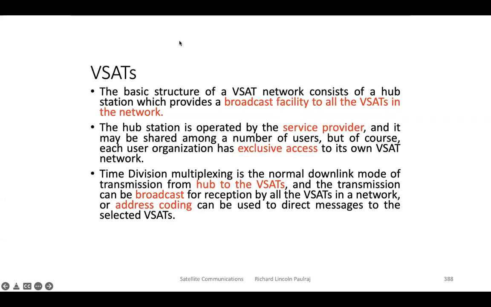As I mentioned, they will have their own VSAT network. The reason they do that is that they need a proper, stable network. If they don't have it, then there's no point in having error free communication, because in the banking sector especially, you should make sure that there are no errors.